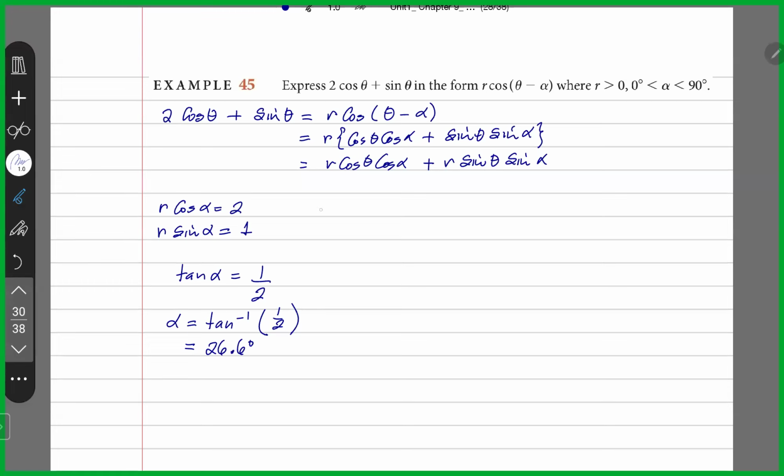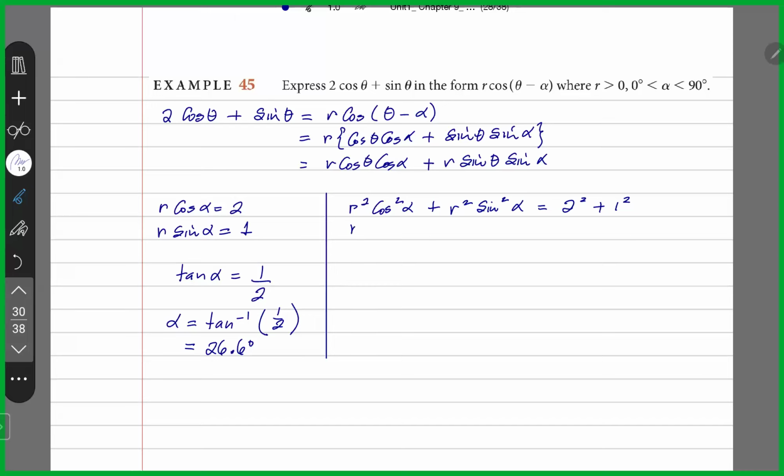So now I know what alpha is. Let's find out what R is. We know that R squared cos squared alpha plus R squared sine squared alpha would be equal to 2 squared plus 1 squared.